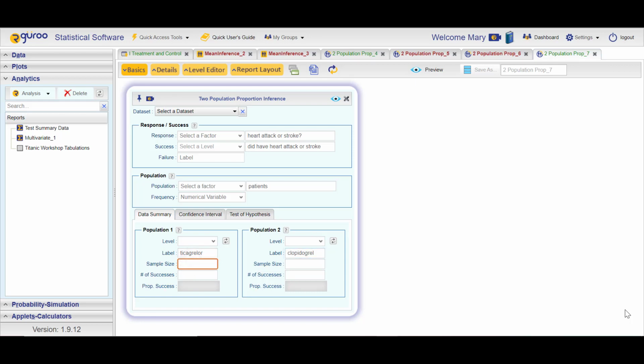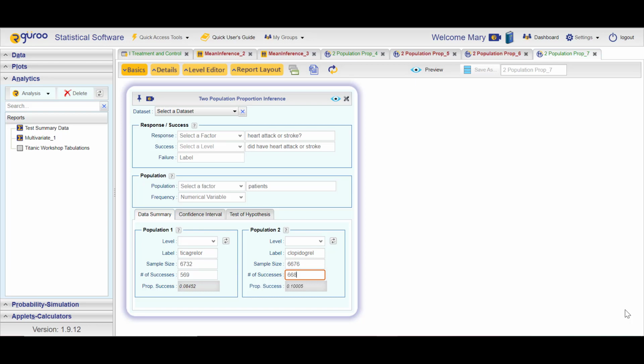Whew. All right. So for the one with the T, there were 6,732, and of those, 569 had heart attacks or strokes. And for the drug that starts with a C, it's 6,676, and of those, 668 suffered a heart attack or a stroke. I'm just double checking my numbers before I move on.